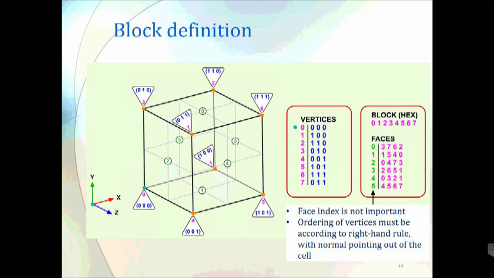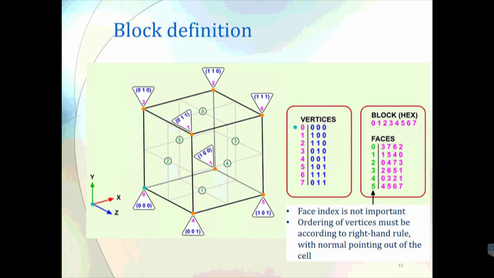Of course, we could have also written 4, 5, 1, 0. That definition would also be correct, meaning you can start at any point. It's not necessary that you always start at this point or this point. You can start at any point, but you have to list in the clockwise direction. So you can list it 1, 5, 4, 0, or 4, 0, 1, 5, or in any other manner. Okay, so this is how we define faces.